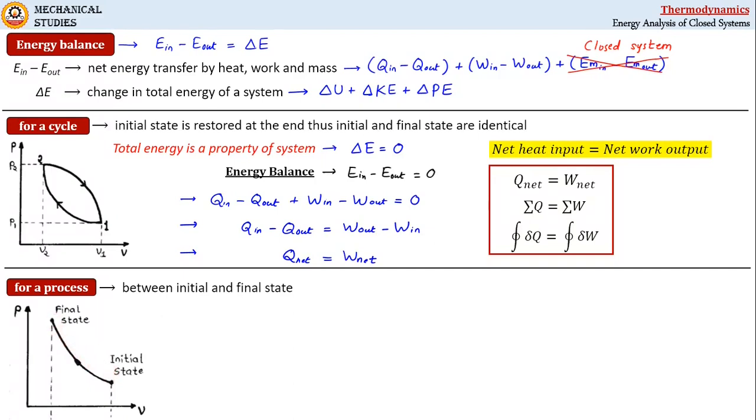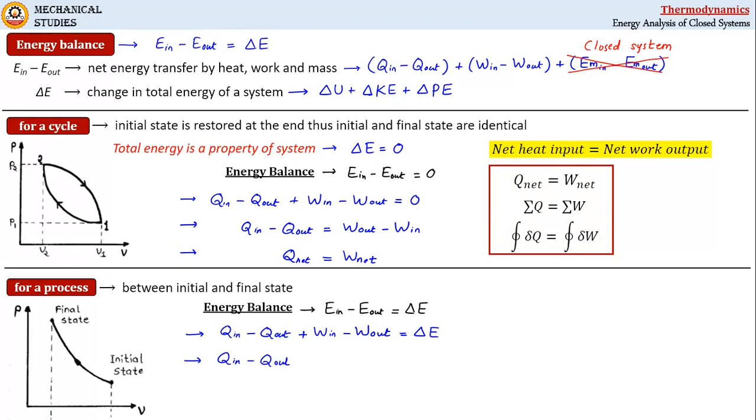We can write now here energy balance as E in minus E out will be equal to delta E. Now considering here energy transfer by heat and work, we can write this as Q in minus Q out plus W in minus W out is equal to delta E. On the next line, we can write this as Q in minus Q out, this is net heat transfer, minus, I can write this as W out minus W in.